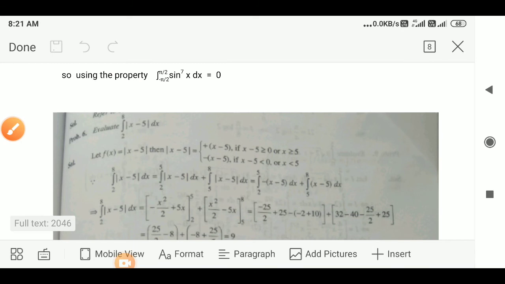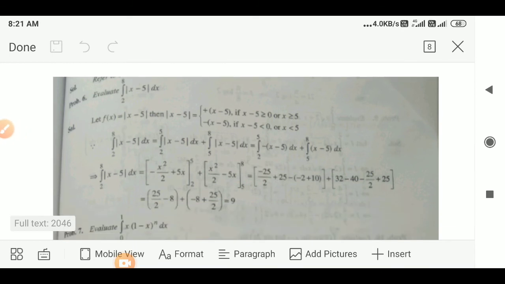Now there is a question from modulus: integral from 2 to 8 of mod x minus 5. So here mod has two results.